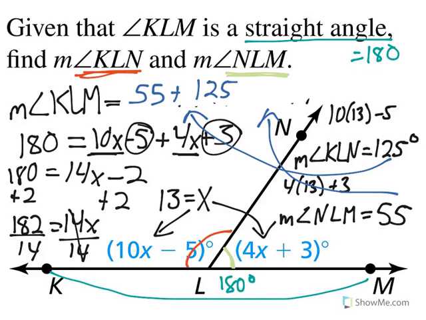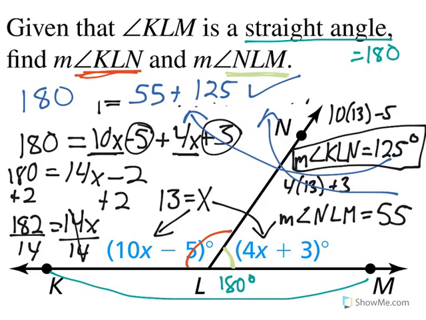And I know that because KLM was a straight angle, it should equal 180. So sure enough, if I add 125 and 55, it will equal 180, so this does check. So my answers were the measure of KLN is equal to 125, and the measure of NLM is equal to 55.